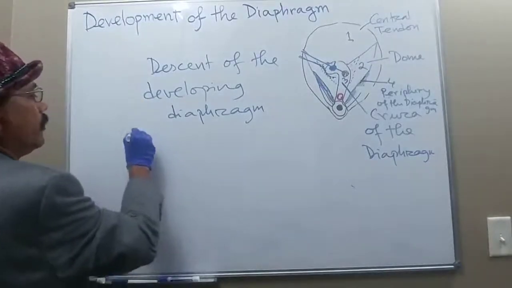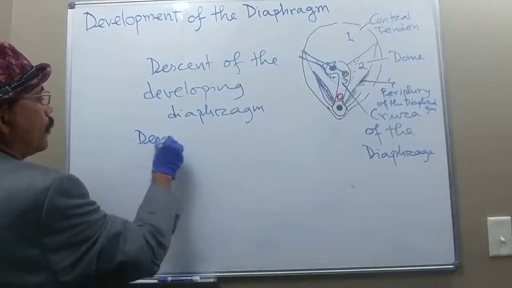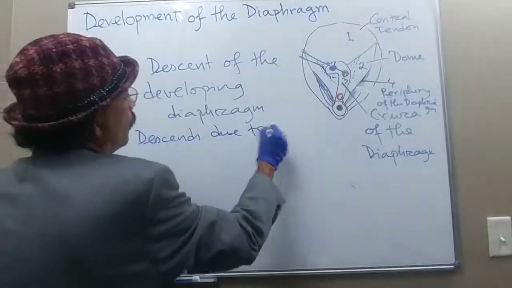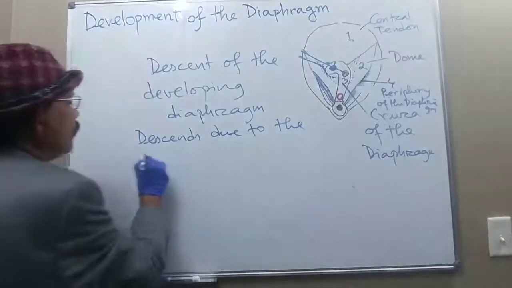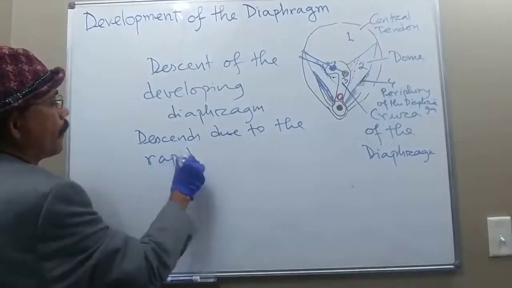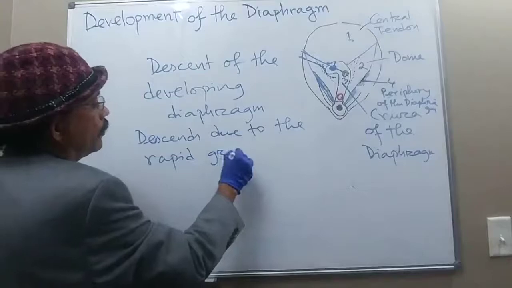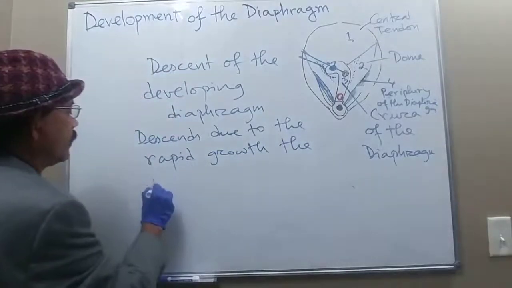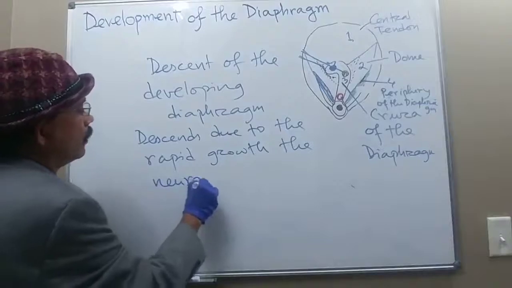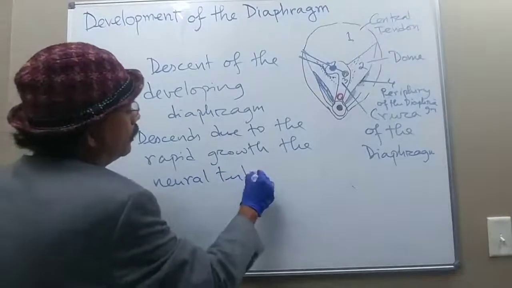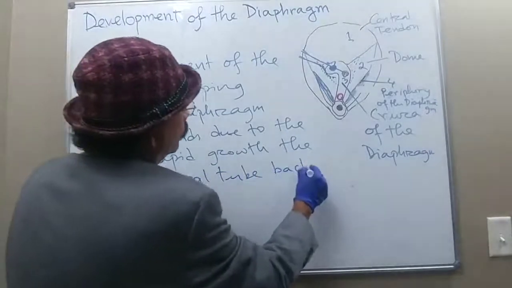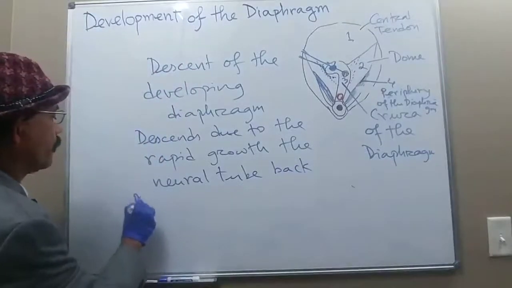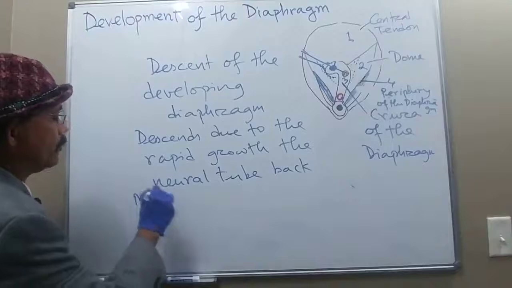It descends due to the rapid growth of the neural tube and back.